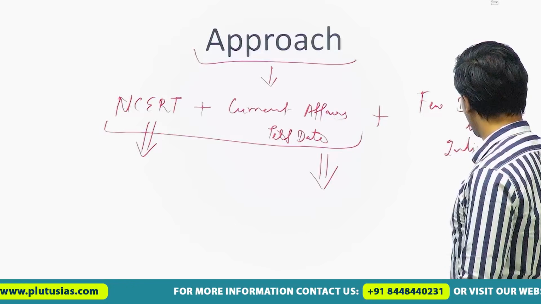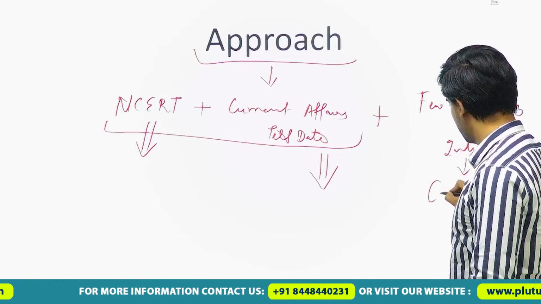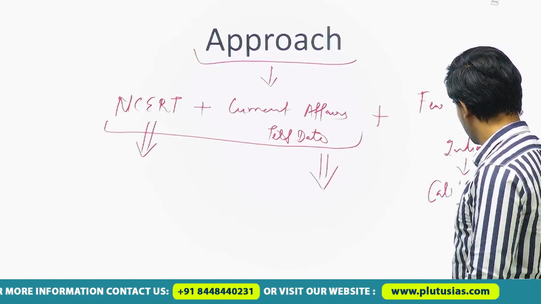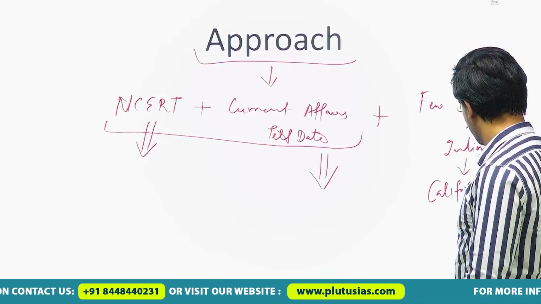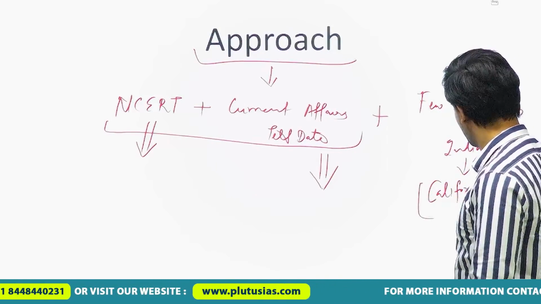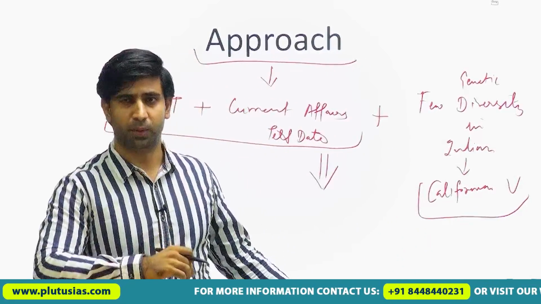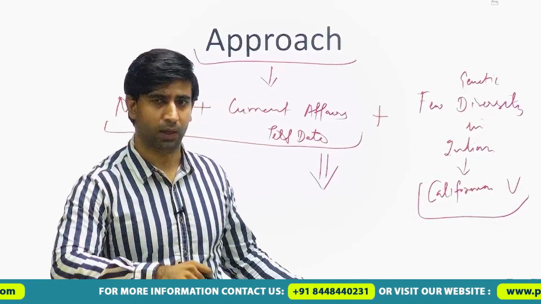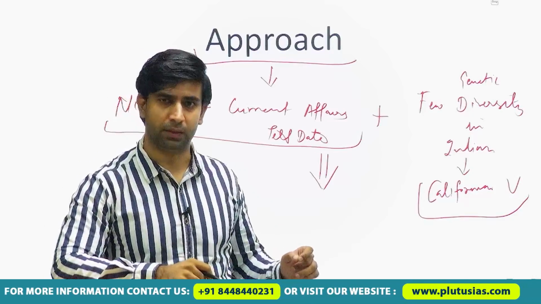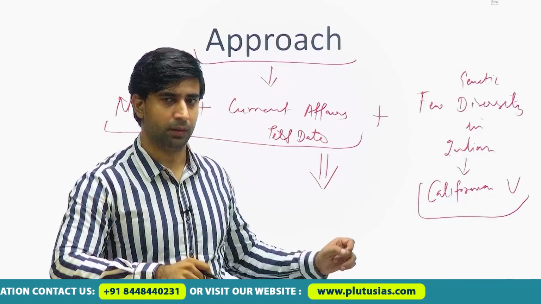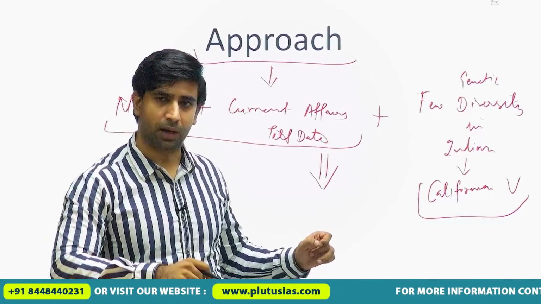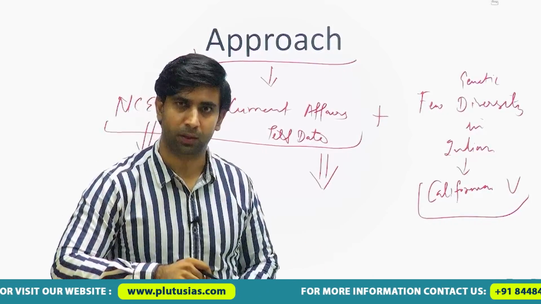This was carried out by California University. California University made a statement that because of endogamous marriages in the Indian subcontinent, there is a rise in cardiac disease.